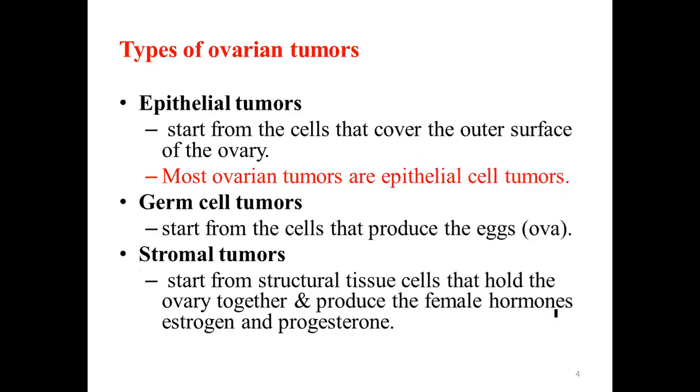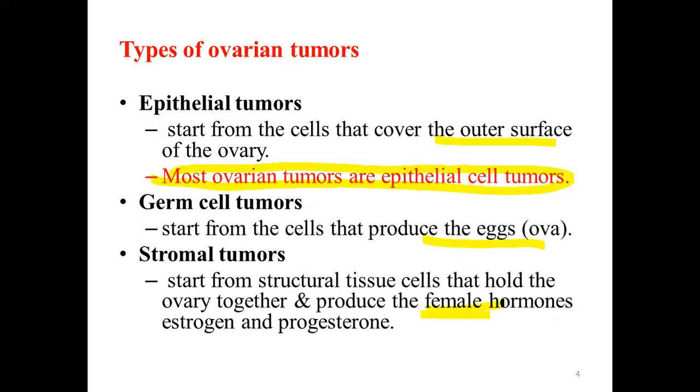If the tumor starts from the cells that cover the outer surface of the ovary, we call it an epithelial tumor, and as I said before, this is the most common ovarian tumor. If it grows from the cells that produce eggs, we call it a germ cell tumor. When it starts from the structure that holds the ovary together and produces the female hormones estrogen and progesterone, we call it a stromal tumor.